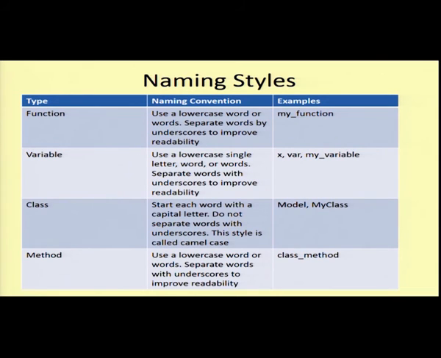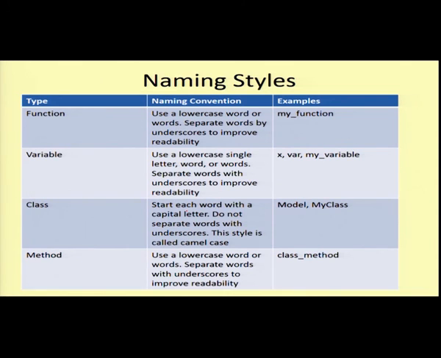So when you are going to use object-oriented programming concepts, such classes have to start with a capital letter. My dear viewers, you might be asking me a question: if I start with a lowercase letter, will it not work? It will work, but as a naming style, as a professional Python coder, you are supposed to use it like this.